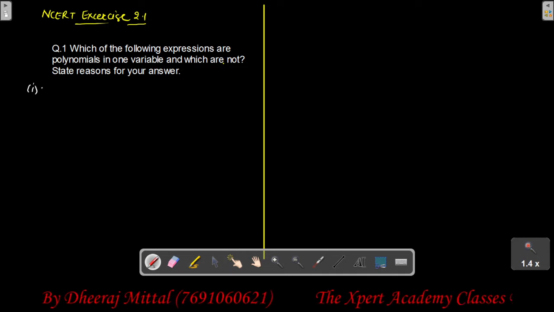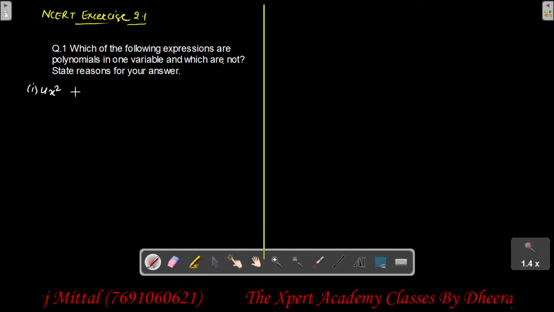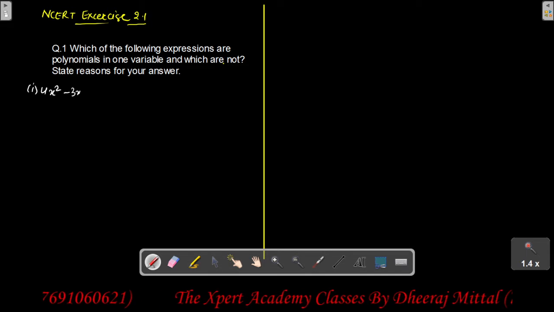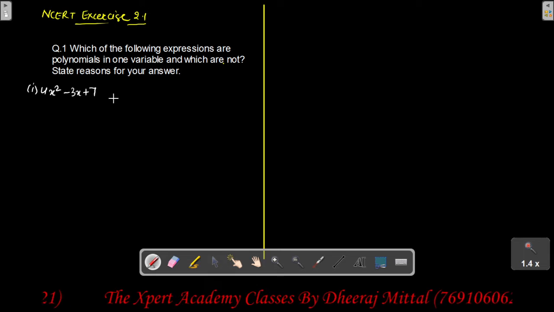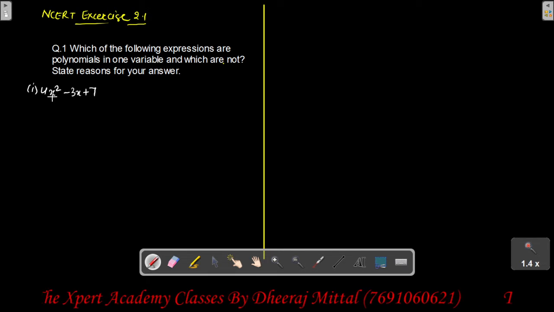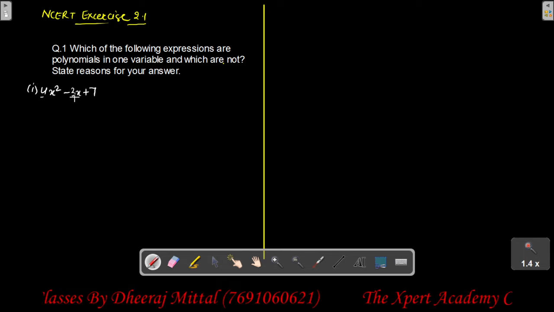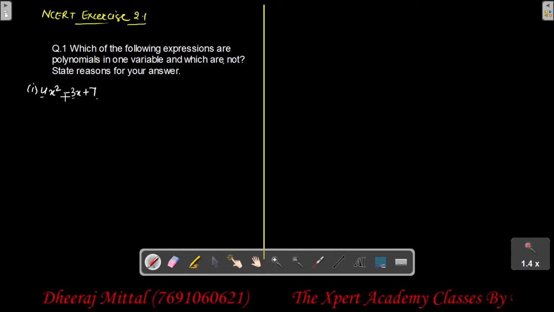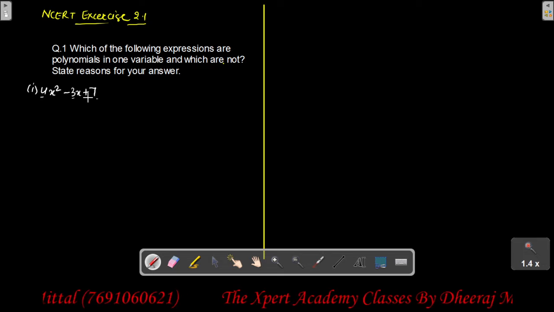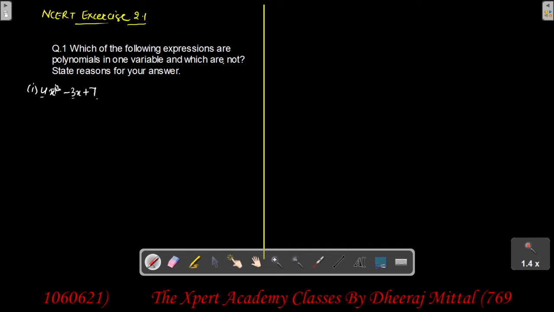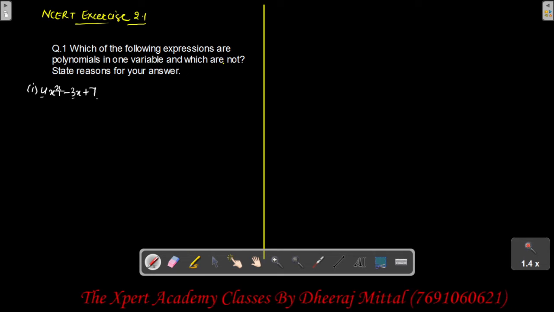First part is 4x square minus 3x plus 7. Here the variable is given, constants are also given, that is 4, 3 and 7. Mathematical operators are multiply, minus and plus. The power is a non-negative integer.